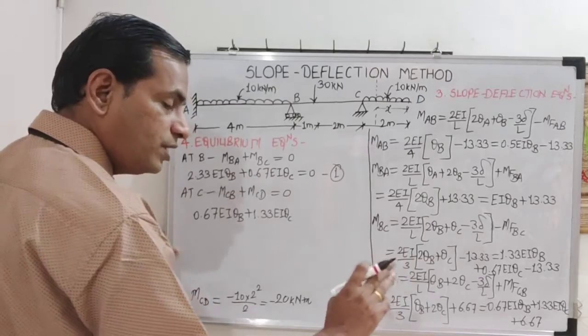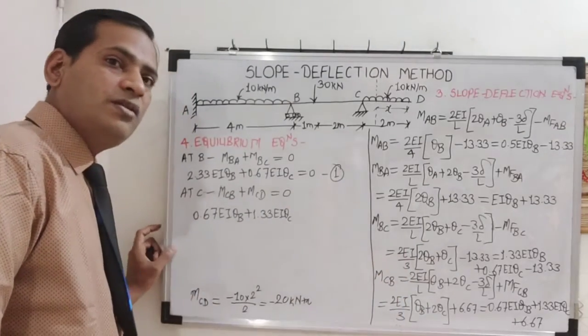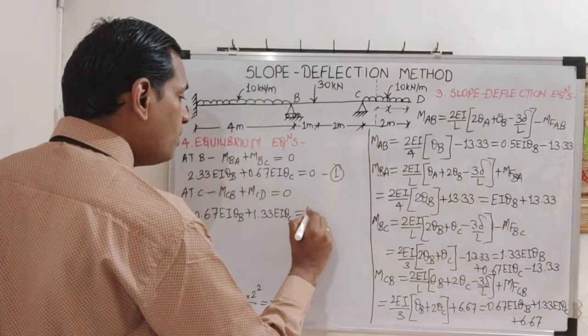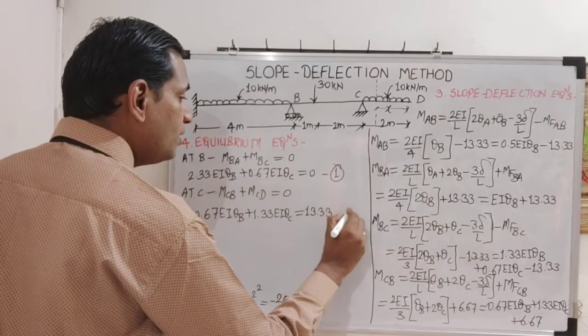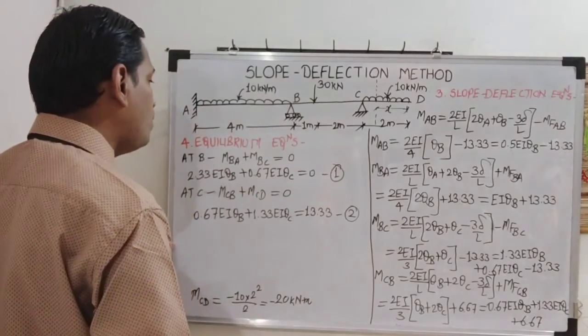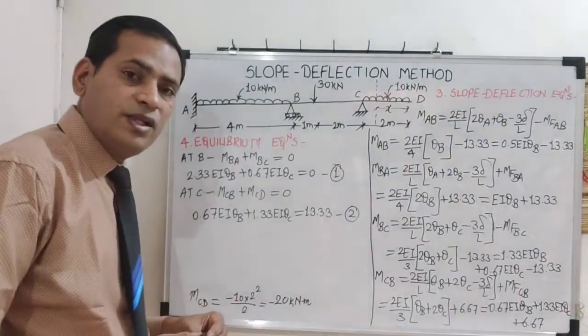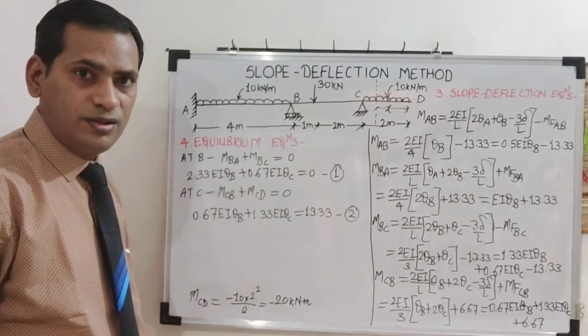So plus 6.67 minus 20 is minus 13.33. We will bring it on the right hand side. It will become plus 13.33. So this is equation 2.